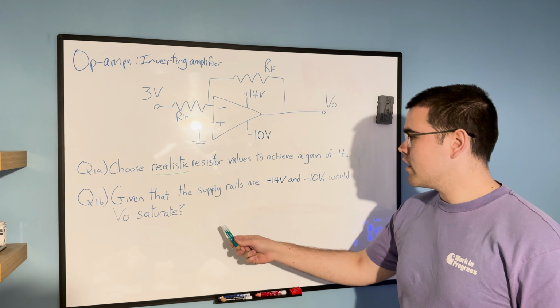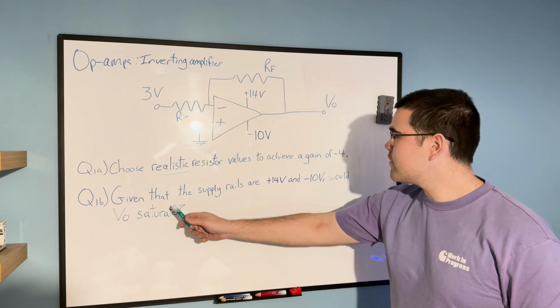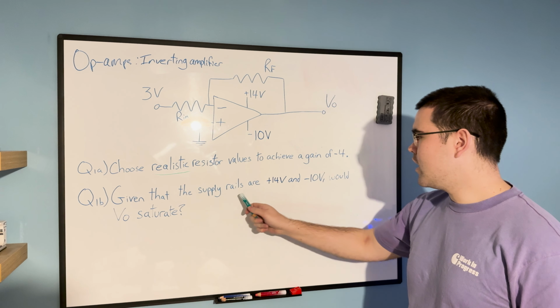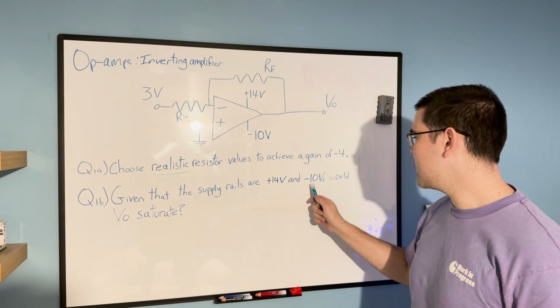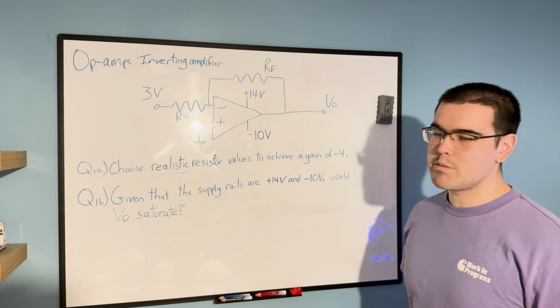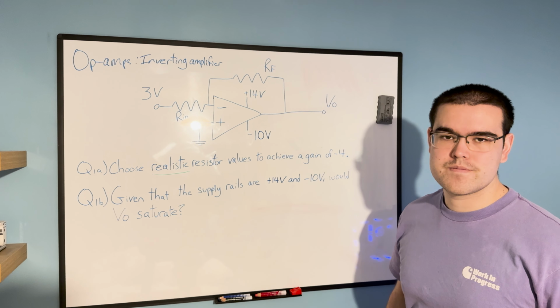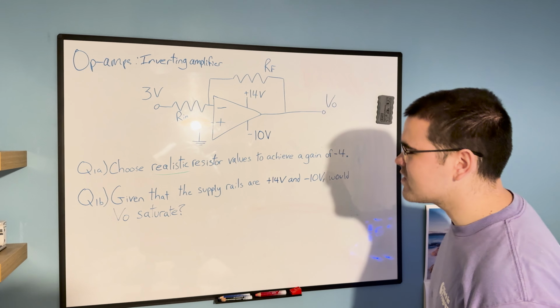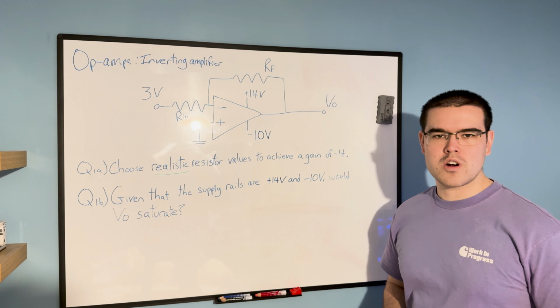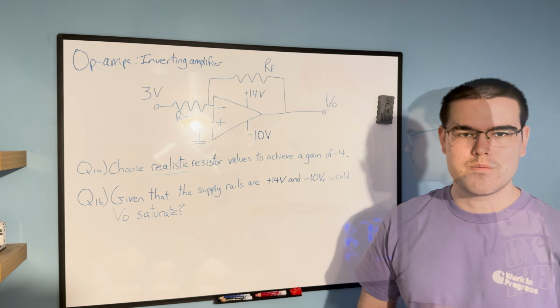And for question 1B, using this gain, and given that the supply rails are plus 14 volts and minus 10 volts, would the output voltage saturate? Okay, so just give those questions a quick try and I'll go over the answers with you.